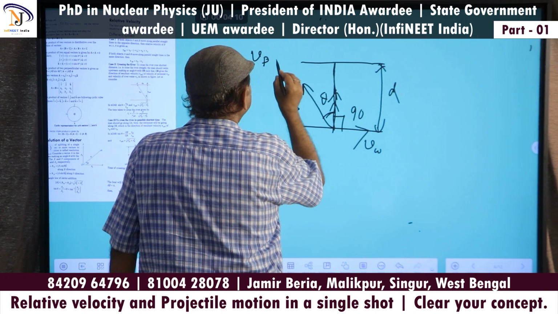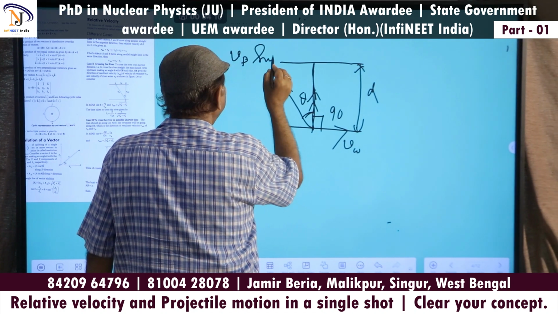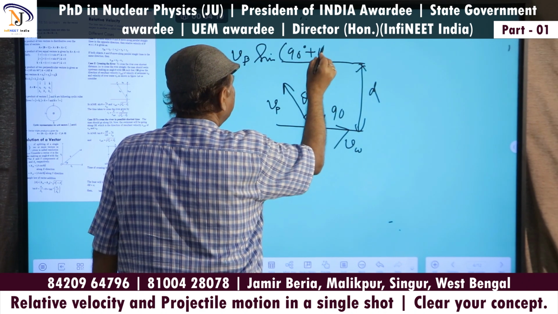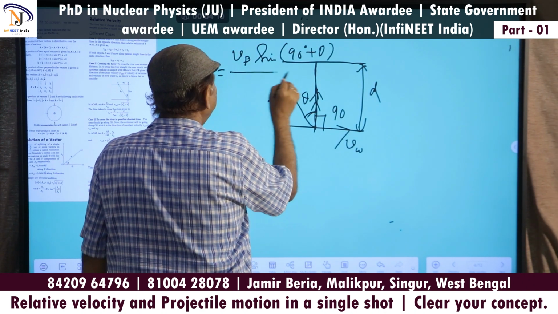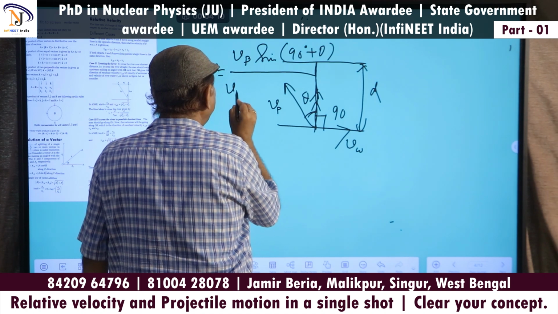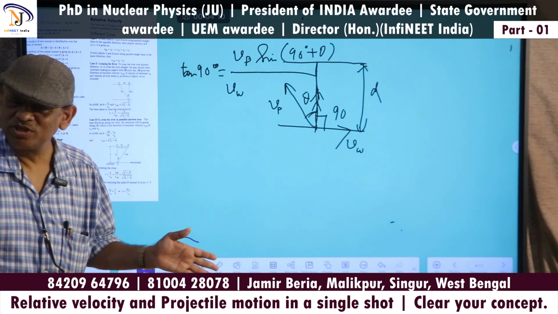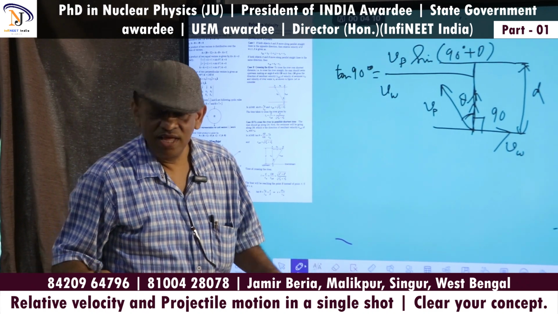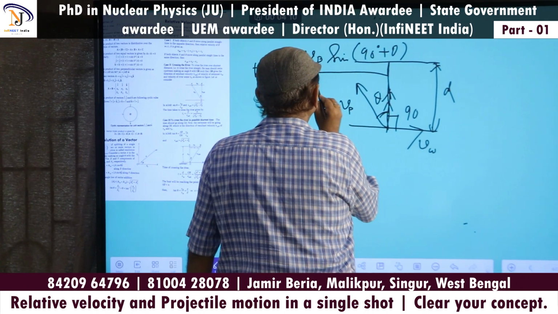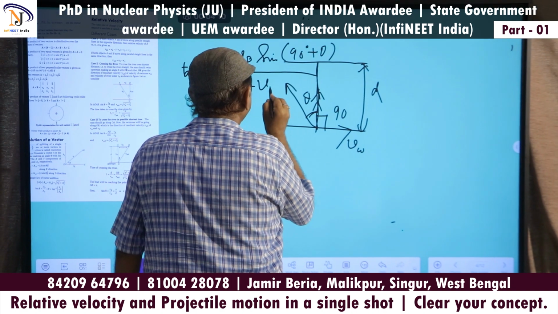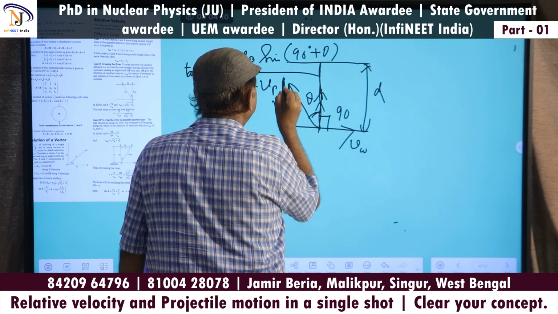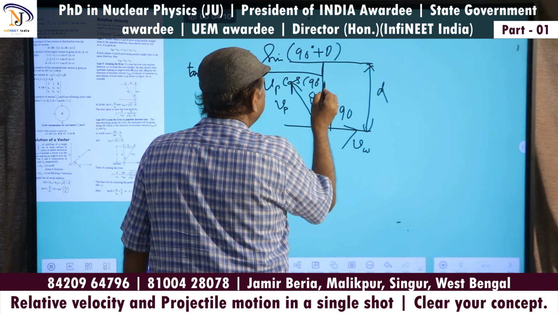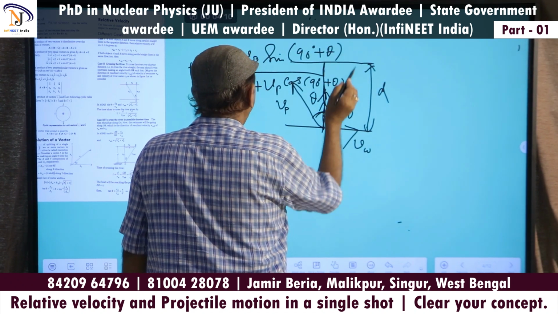Here Vp sine of 90 degrees plus theta, and Vw means P, plus Vp cos of 90 degrees plus theta.